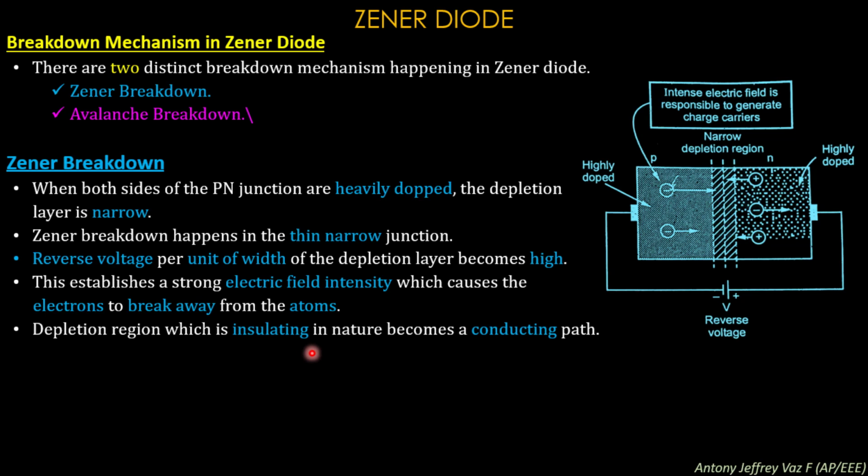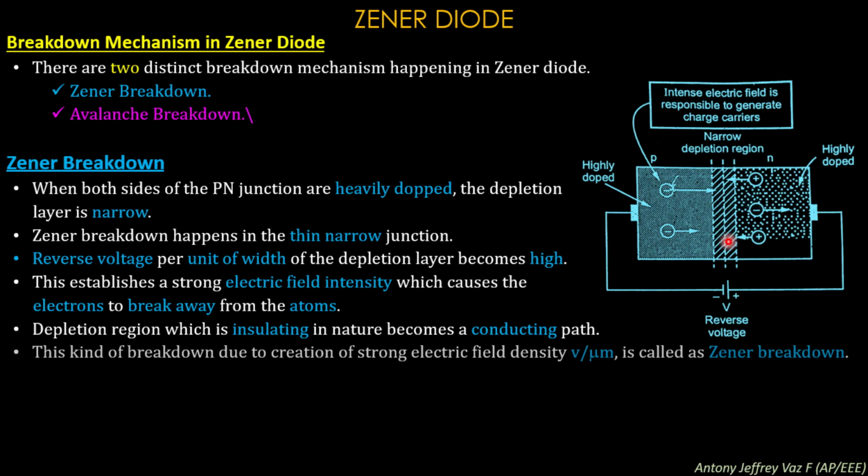The depletion region, which is insulating in nature, becomes a conducting path. The electrons released from the parent atoms start to conduct, and once they do, this narrow depletion region becomes a conducting medium.